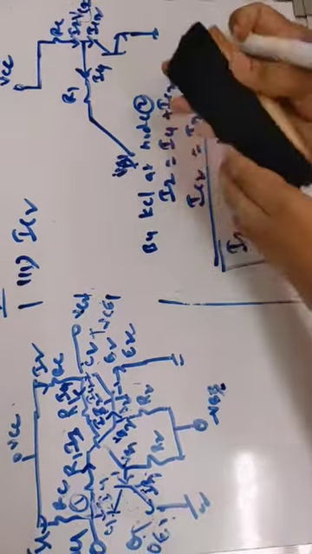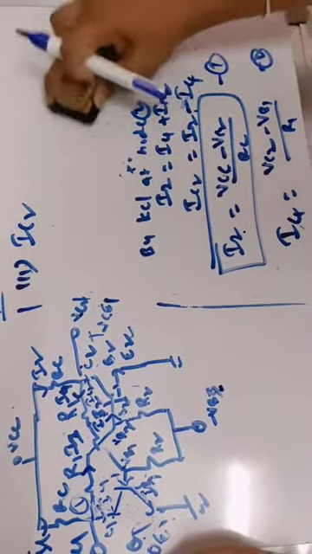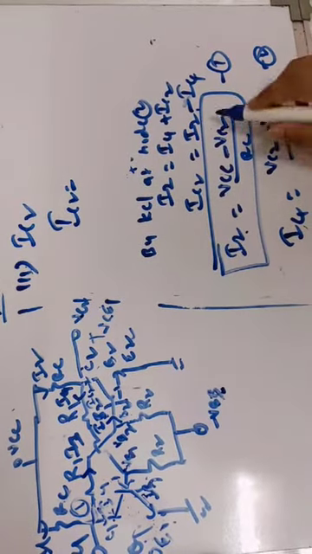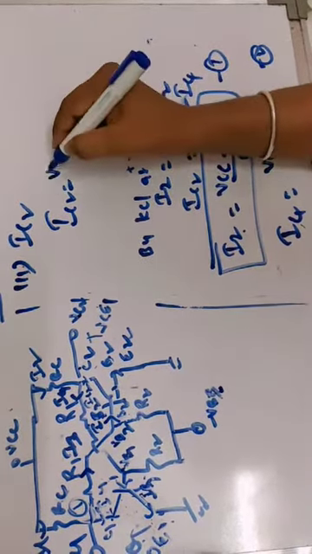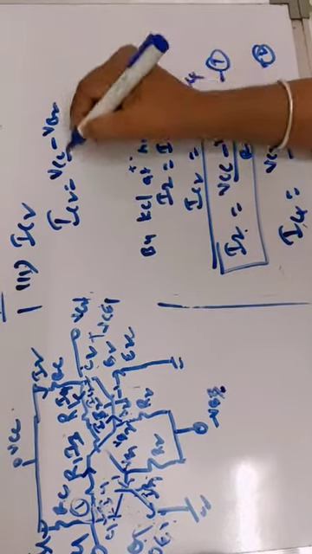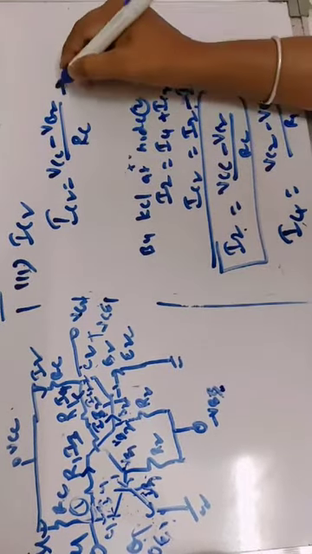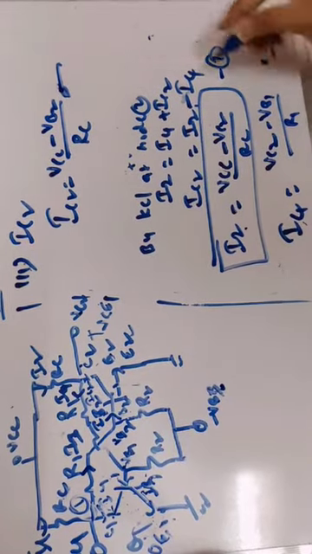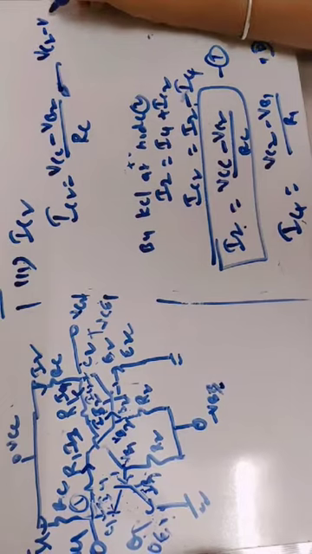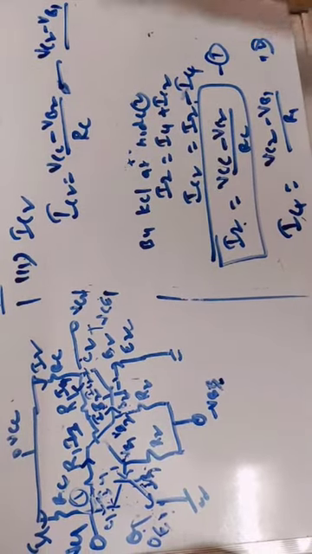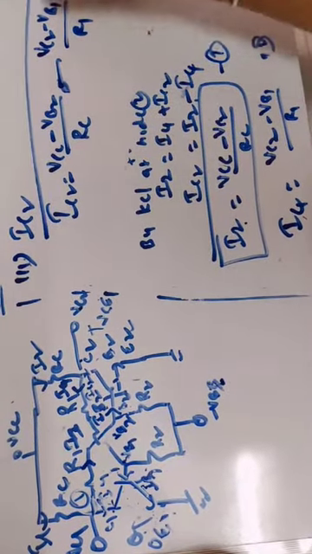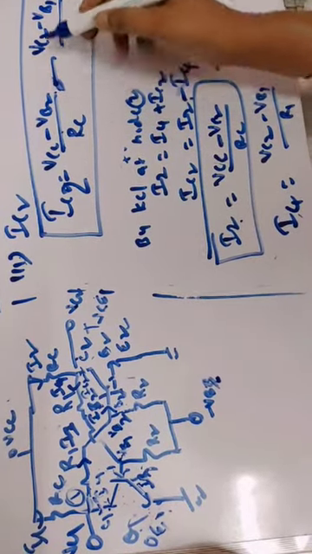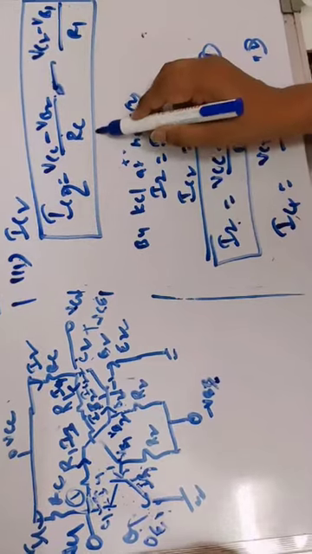So the expression for IC2 is I2 minus I4, that is VCC minus VC2 divided by RC, minus I4, which is VC2 minus VB1 divided by R1. So we can find the collector current IC2 with the help of VCC, VC2, VB1, RC and R1.